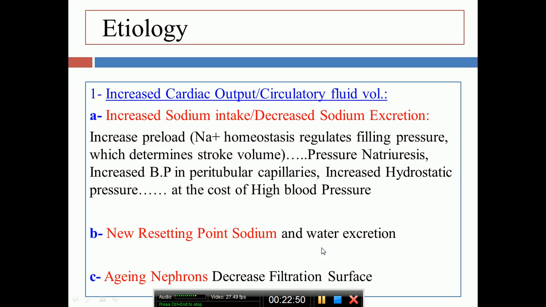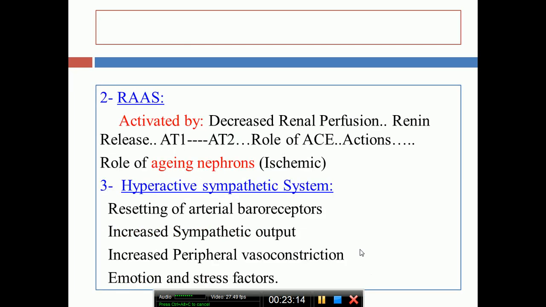Then there is a new resetting point of water excretion and sodium excretion. So ultimately a lesser amount of sodium and water will be excreted, so it will contribute to hypertension. Aging nephron: after the age of 40, every 10 years 10% of nephrons become non-functional. So this decreases the filtration surface.